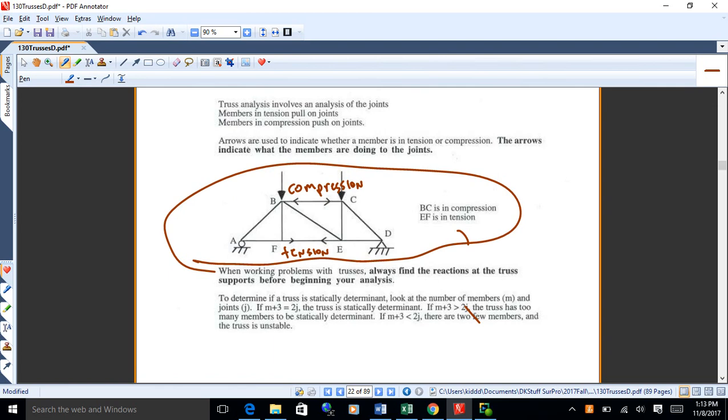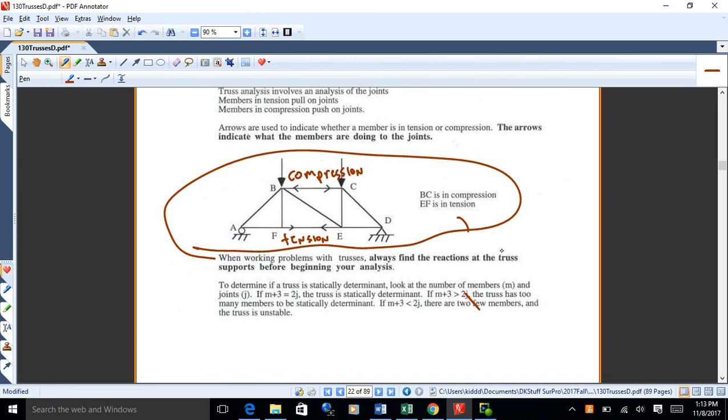Now there's also a nice little formula to determine if a truss is statically determinate or not. The members plus 3, m plus 3, should equal 2 times the number of joints. That's how you tell if a truss is statically determinate or not.